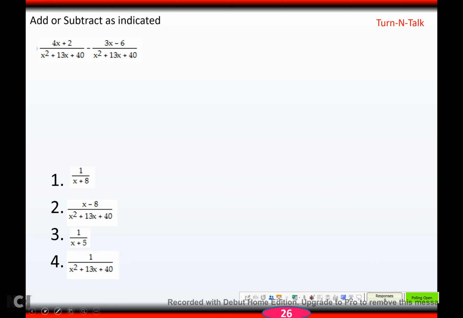Alright, try this one. Hit pause, come back when you're ready. And hopefully you got it. If not, let's look at why. The denominators match, so I'm going to keep that denominator, x squared plus 13x plus 40.